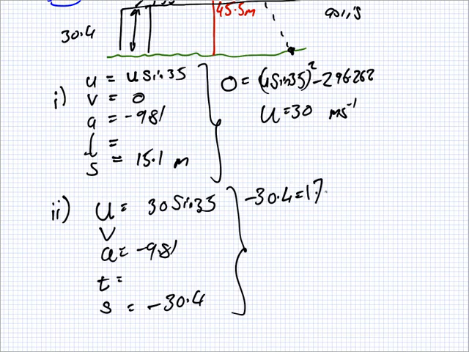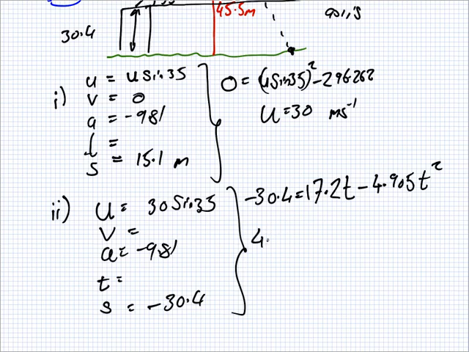Why did you put V equals 0? I didn't. Because now it's the time to hit the ground. So S equals UT plus a half at squared.